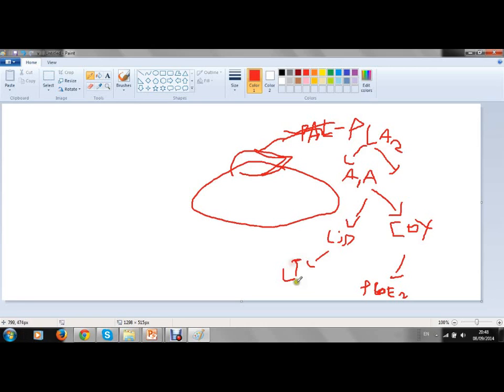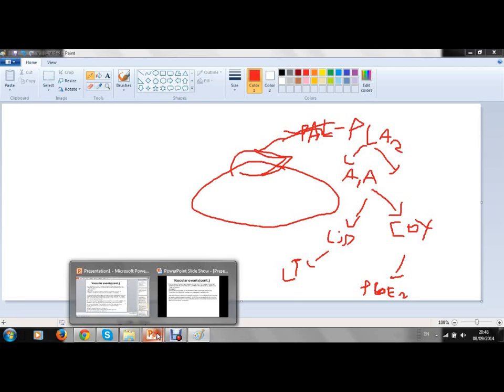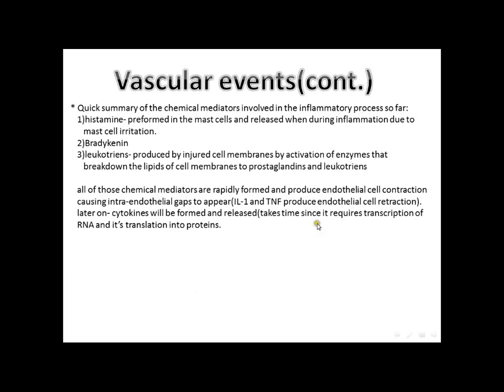Okay, so this is a quick recap. All those chemical mediators are rapidly formed, and histamine is the very first one released because it's preformed. It's the first mediator that is released, and only then bradykinin and leukotriene. But all of them are released relatively quickly.